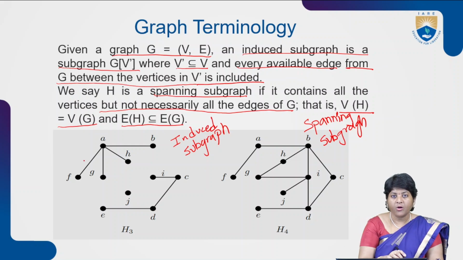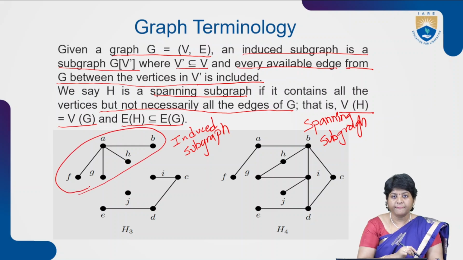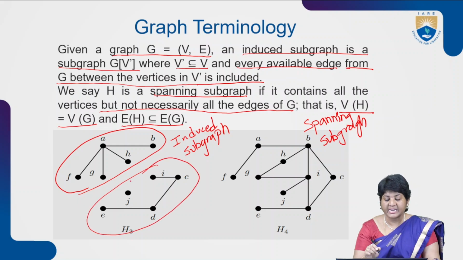They included all the vertices that belong to the original graph. But here they are mentioning one induced subgraph and one more induced subgraph. And similarly, here is a spanning subgraph.